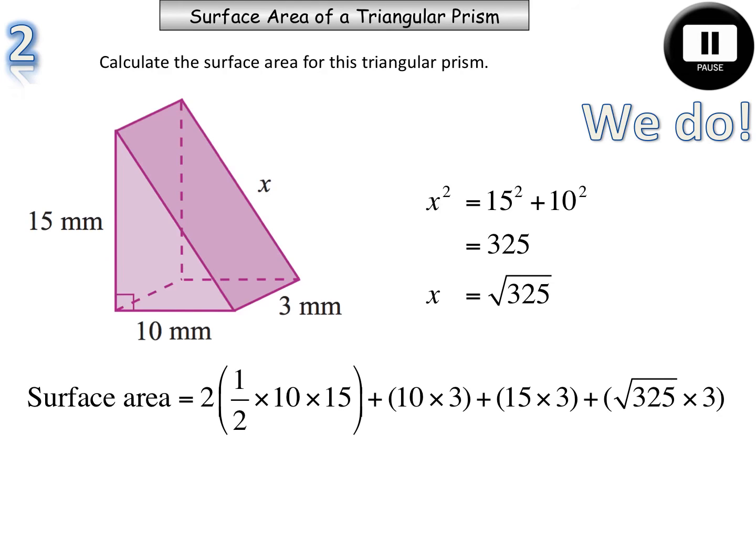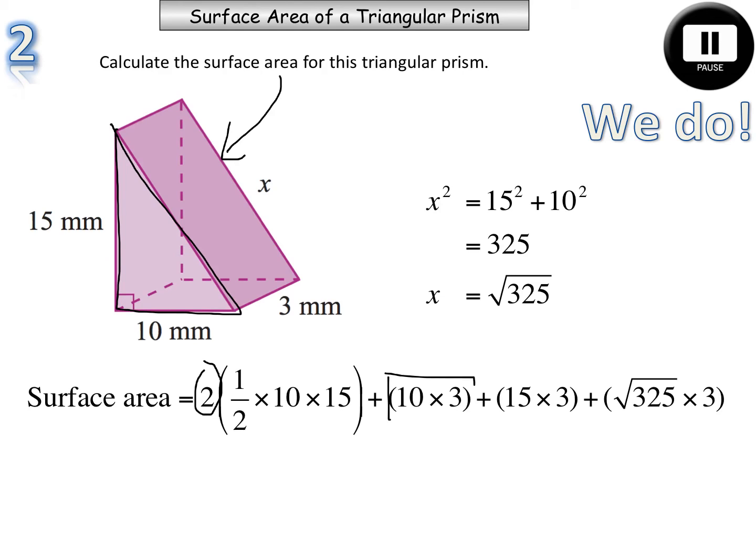So the surface area is 2 times a half times base times height. So this triangle is a half times 10 times 15. I've multiplied it by 2 because it's the same as the back. The base is 10 times 3.